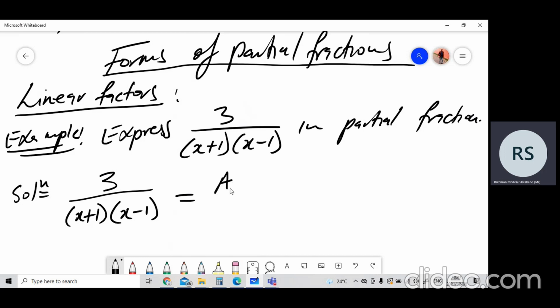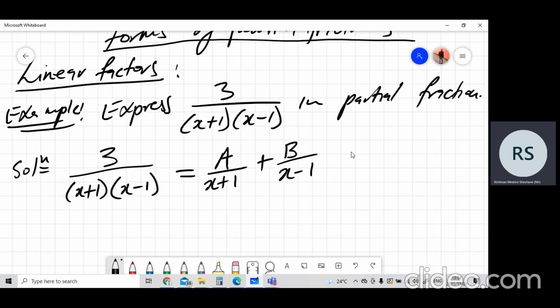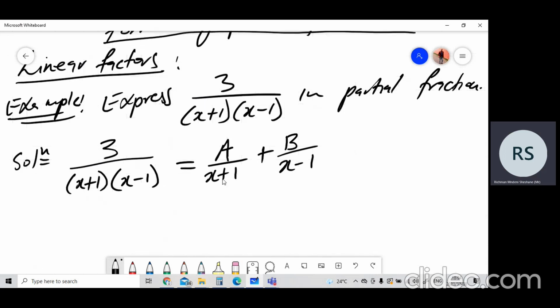You don't know the constant, so it's A over the first linear, x plus 1. And this linear x minus 1 will give you another term, a constant which we'll call B, over x minus 1. So each linear gives us one term of the partial fractions. A form of a linear factor is a constant over that linear.